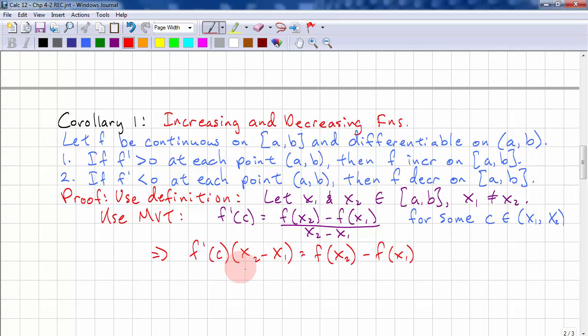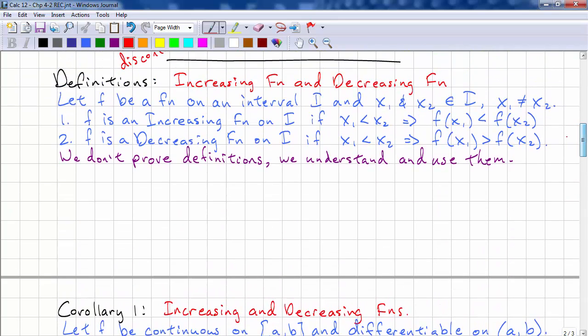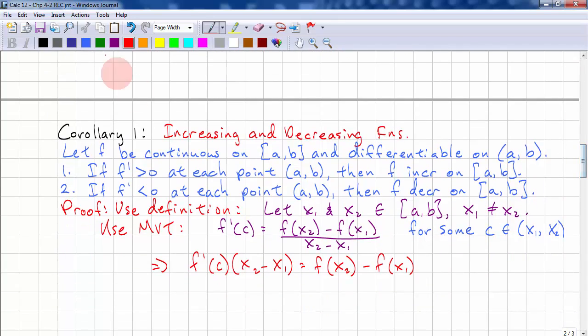Now, what can we say about this as a number? Well, let's go back. x2 is always greater than x1. So this is positive.